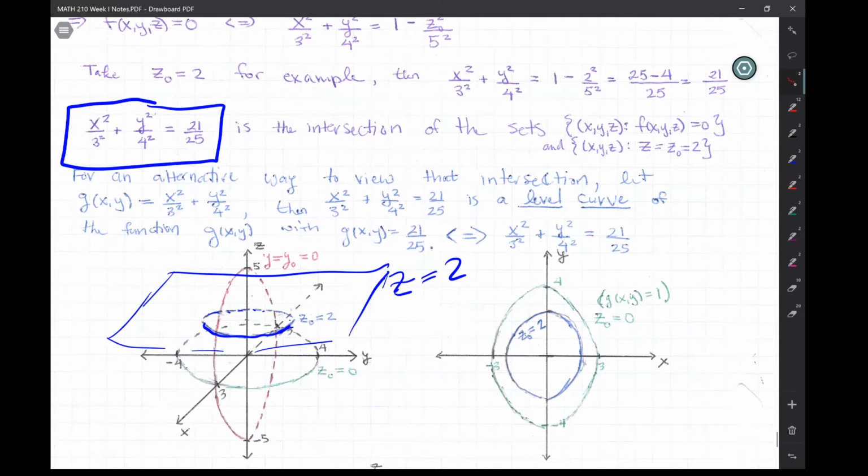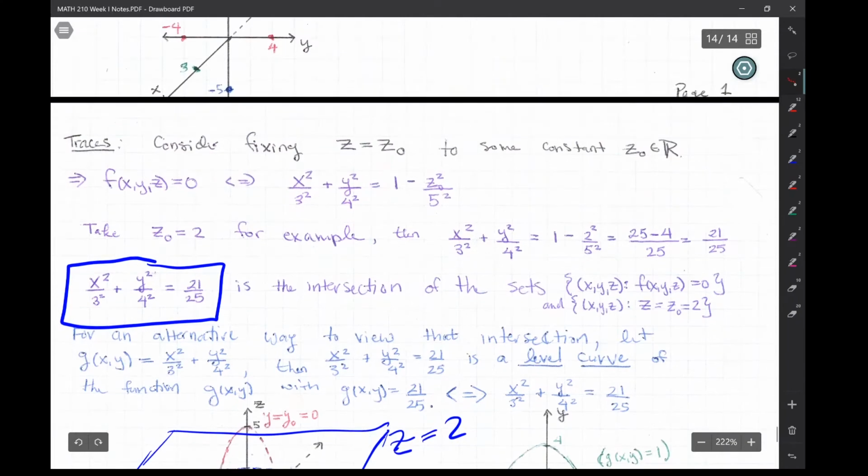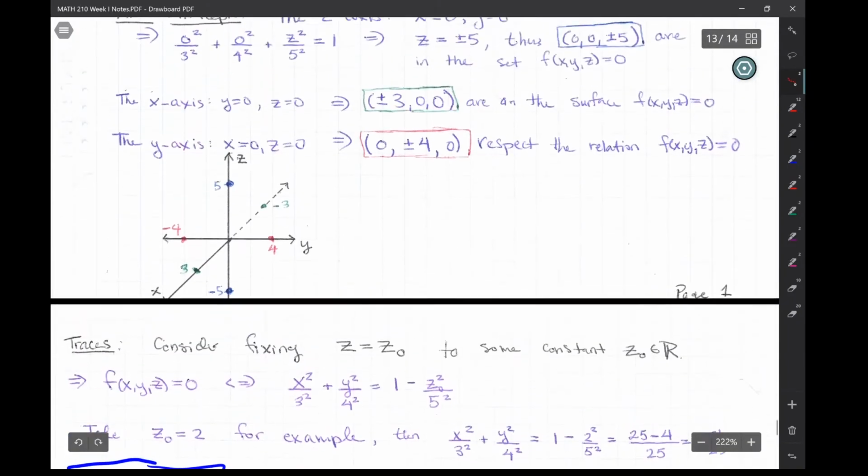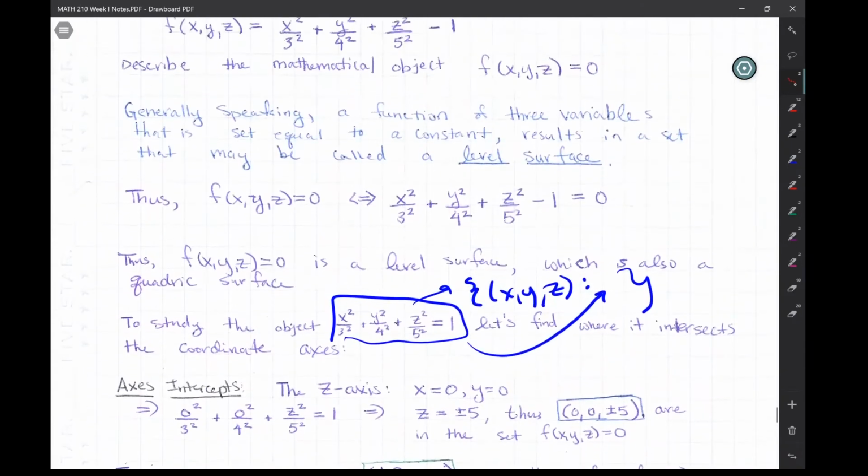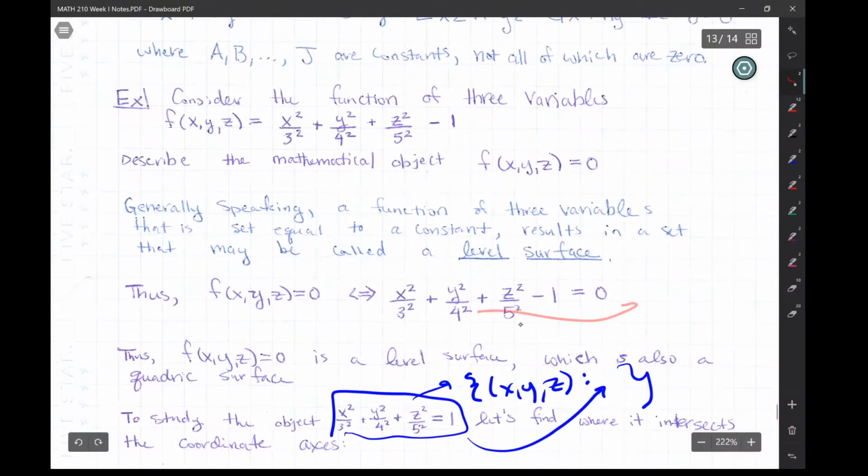On the other hand, with this object here, I can choose some z, but x and y are still free. I would have to choose two things, say x and y, and then solve for z, or y and z, and then solve for x.